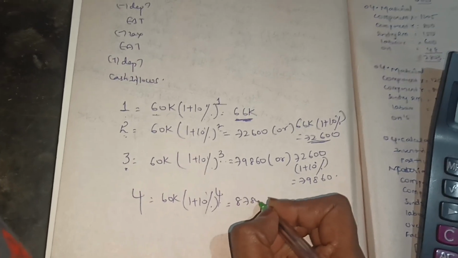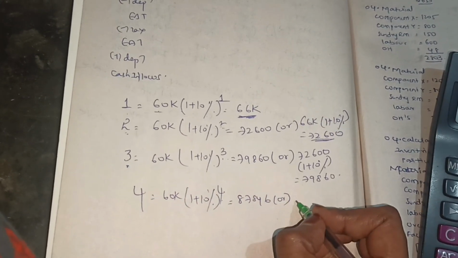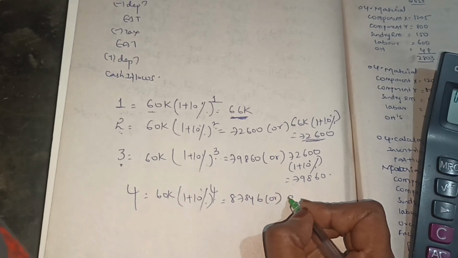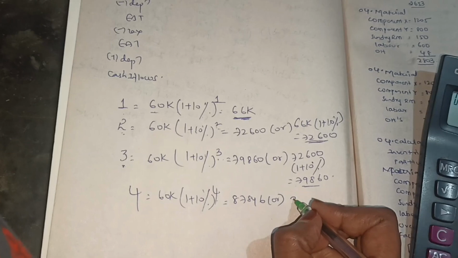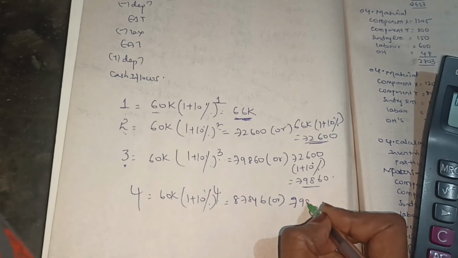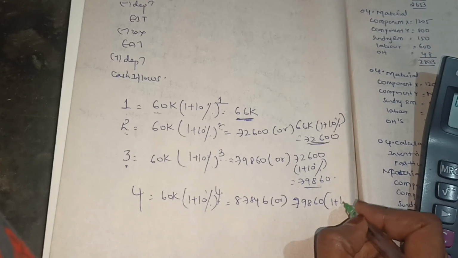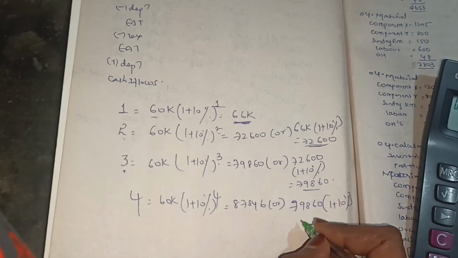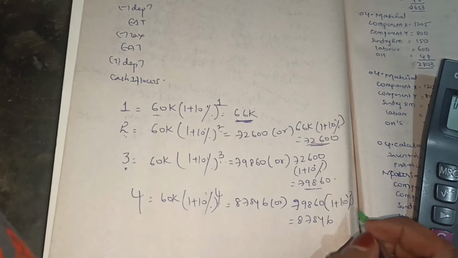So it is 87,846. Or there is another way to find fourth year revenue, that is you can add inflation to third year revenue. Third year revenue is 79,860 into 1 plus 10%. Then also you will be getting 87,846.